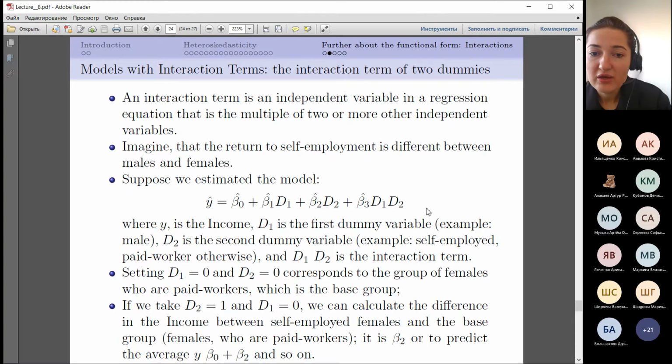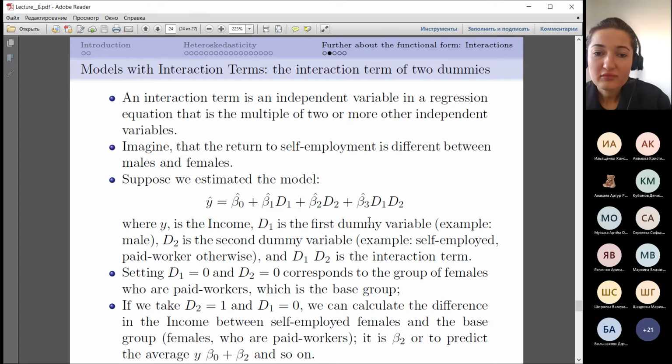So when we add here the cross product of these two dummy variables, this equation is just a way of finding income differences across all gender status and working status combinations.